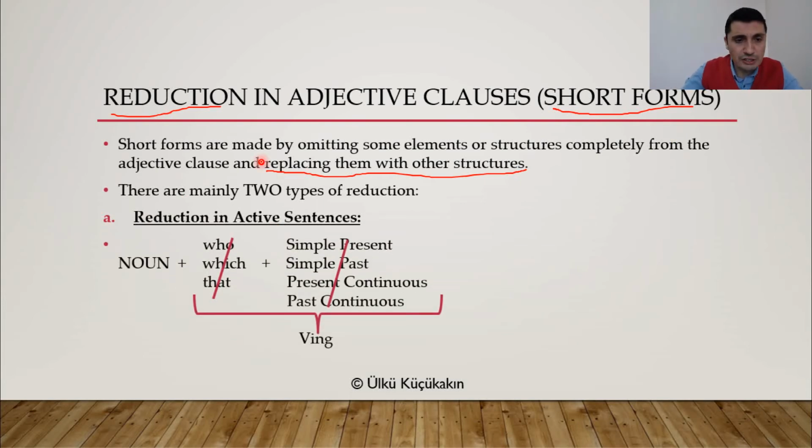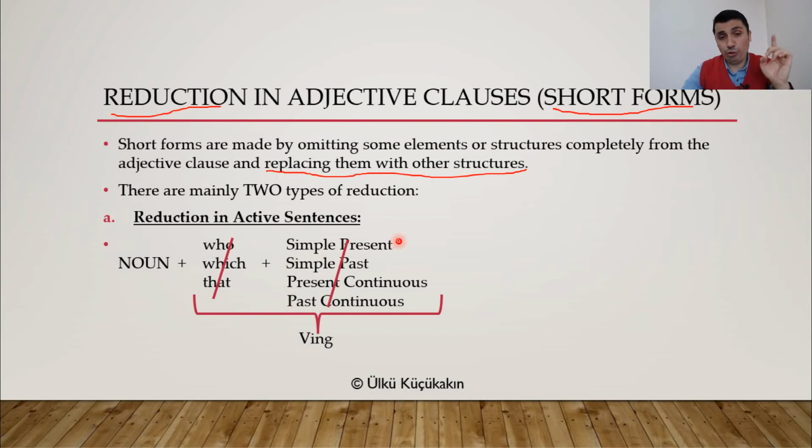Now, in a normal adjective clause sentence, you have a noun that you describe. After that, you have who, which, that. And after that, you have a verb in simple present tense, a verb in simple past tense, a verb in present continuous tense, or a verb in past continuous tense.